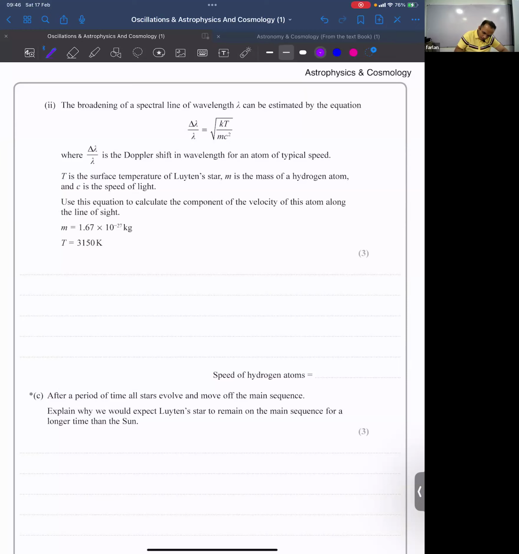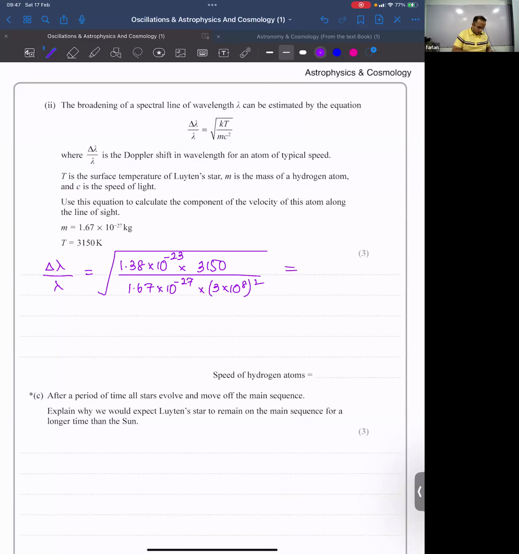Delta lambda over lambda is equal to, k is what? 1.38 into 10 to the power minus 23, into temperature is 3150, over M is 1.67 into 10 to the power minus 27, over 3 into 10 to the power 8 squared. Just use this equation. You get delta lambda over lambda.